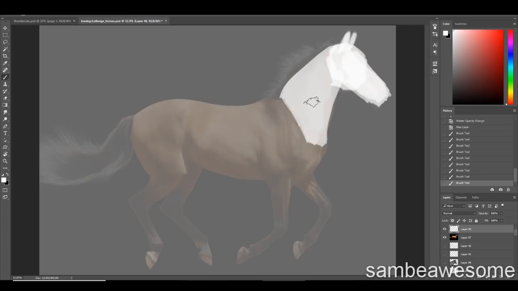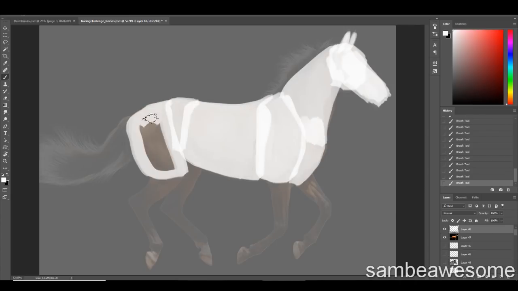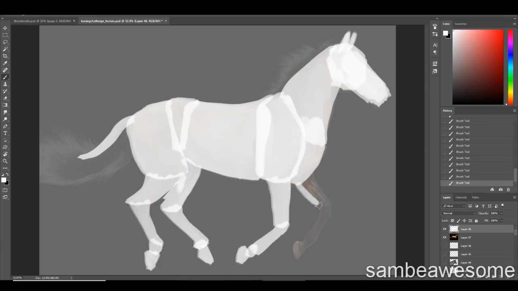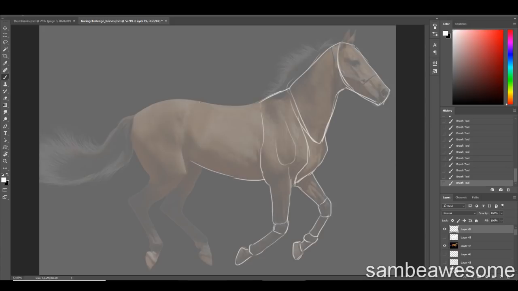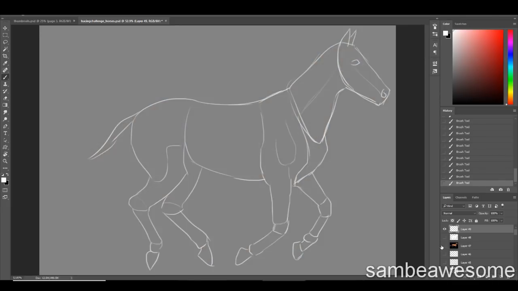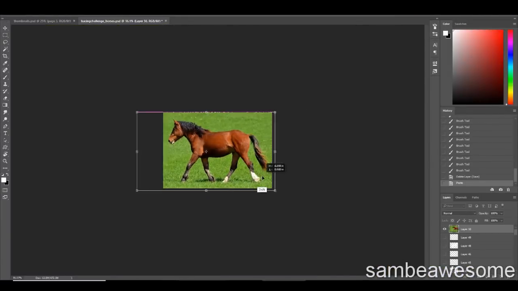Now each one of these served a different purpose for me, and I tried to have them all interconnect. The point was to break down the complex form of a horse into something simpler, easier to digest and understand, and then when I did the more detailed tracing, I could build that back up into a more complex form.